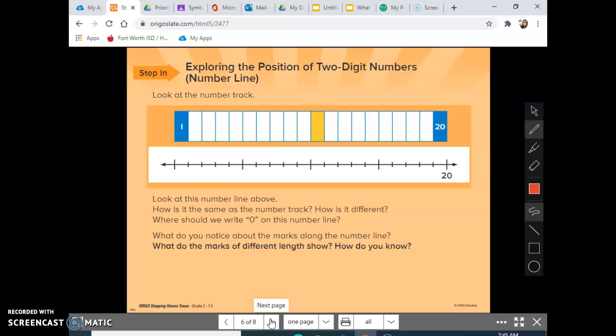So my longer marks on my number line are again showing that skip counting. They're counting by 5s. My shorter marks are counting in intervals of 1. So 0, 1, 2, 3. These ones are counting normal, but these ones allow me to skip count and count by 5s.